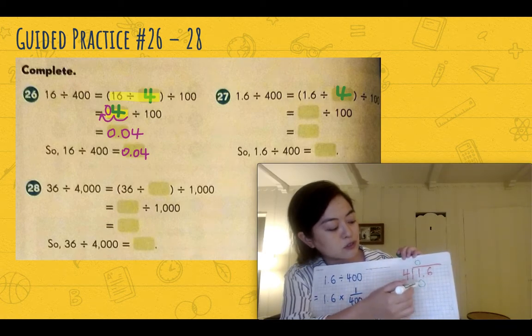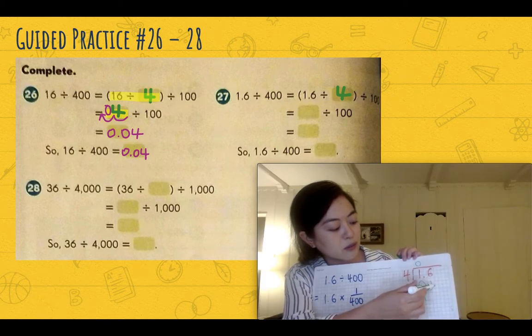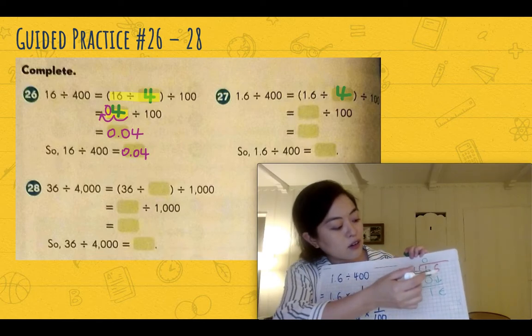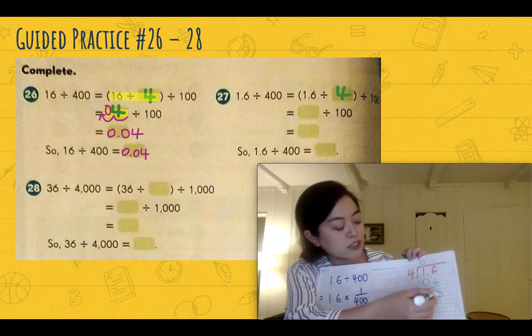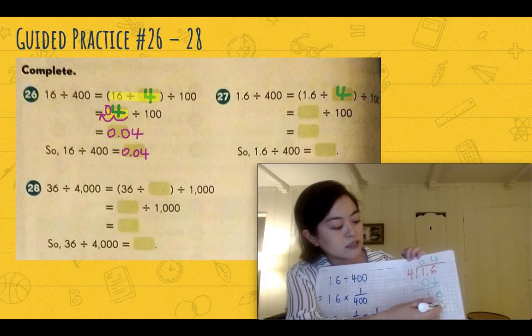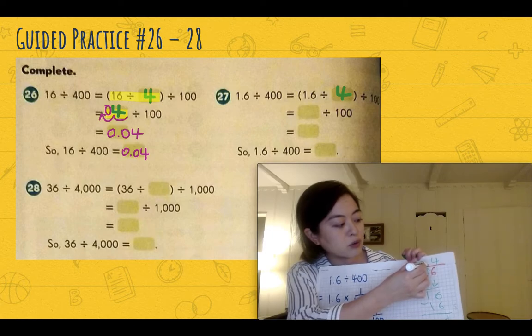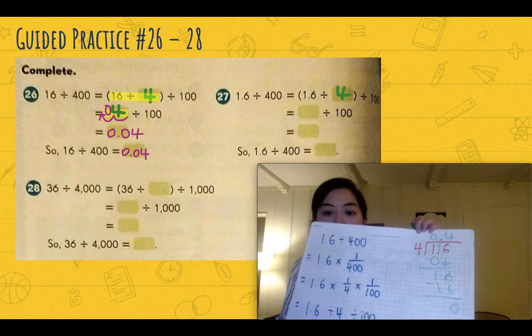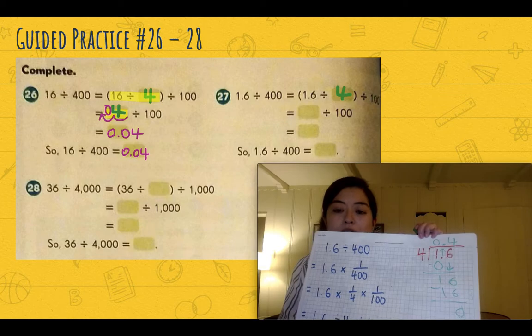So 4 times 0 is 0, so I'm going to subtract that. So this is a 1, and I'm going to bring down the 6. Okay? And now 4 times what gets me 16. That's 4. Subtract 16, and I get a 0. And I can't forget to put the decimal point in the correct spot right there. Okay? So 1.6 divided by 4 is 0.4.